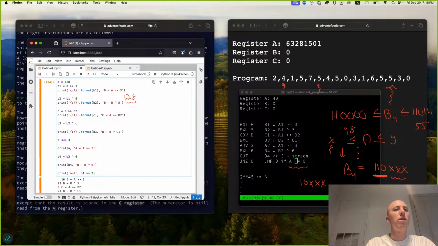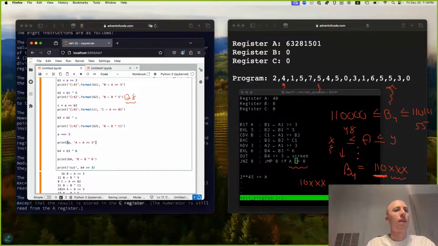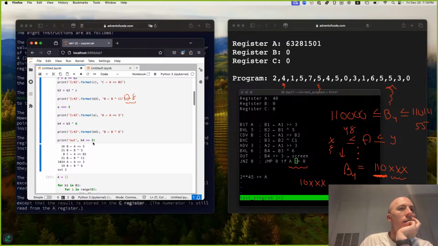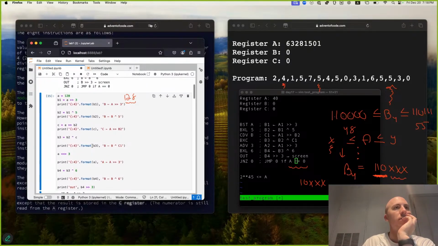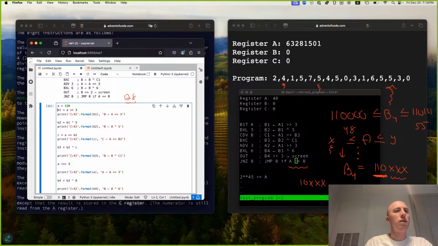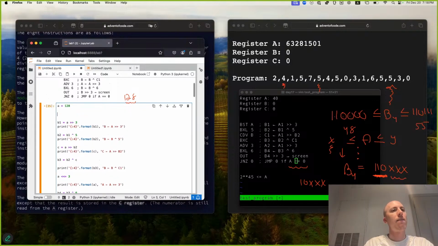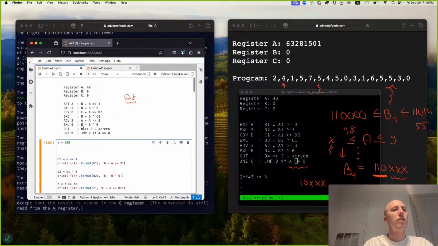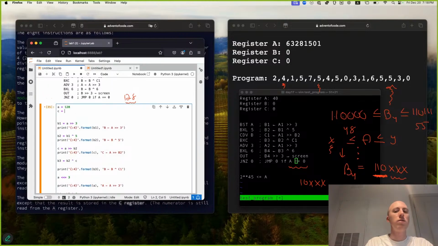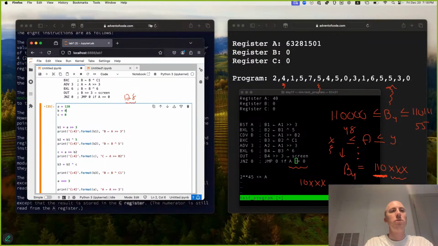C. Okay. We just print out A, B, and C. What did C get set to, by the way? What's C? It's just 0, I guess. So C is equal to 0. It doesn't matter what B is, but whatever.